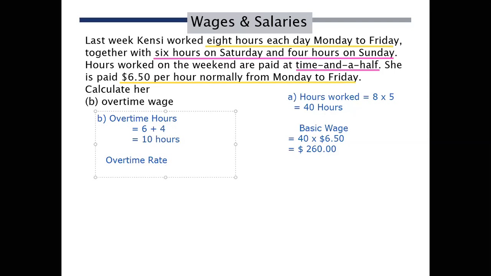In this case, they tell me that she is paid time and a half, which means whenever you see that, time and a half tells me to take her regular rate, or regular pay per hour, and multiply it by 1.5. And that's going to tell me how much she makes for 1 hour of overtime. And so I'm going to take the $6.50 that she makes per hour and multiply that by 1.5.